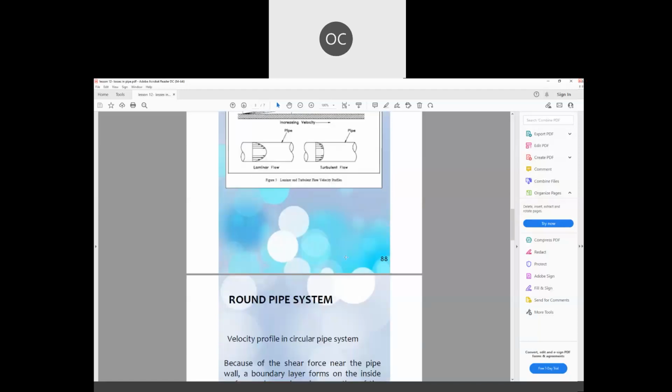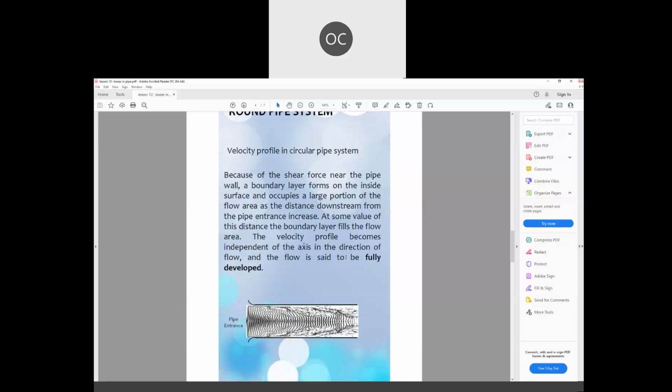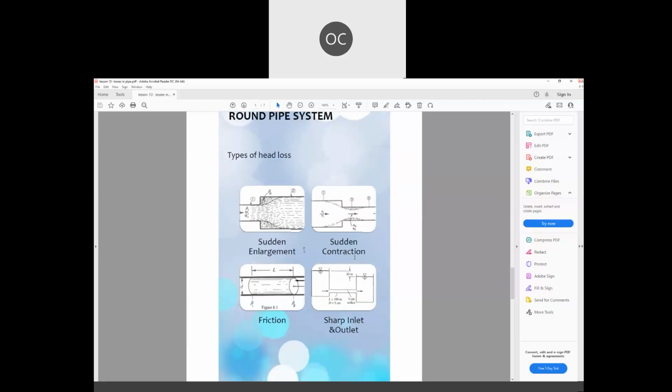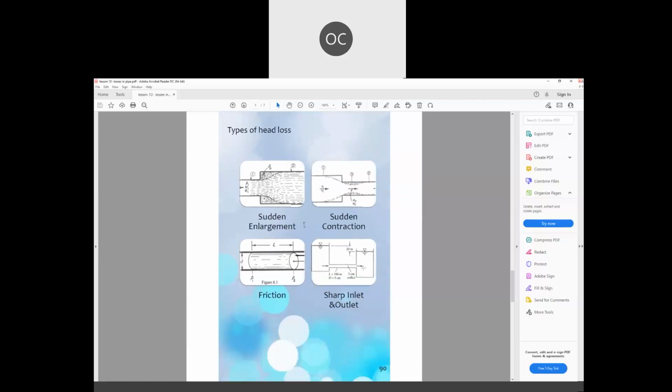So today the first equation you are going to learn is the losses in pipe. In your syllabus you will learn about three types of main losses in pipe: sudden enlargement, then contraction, from a bigger pipe diameter to a smaller diameter, where enlargement is the opposite of contraction.